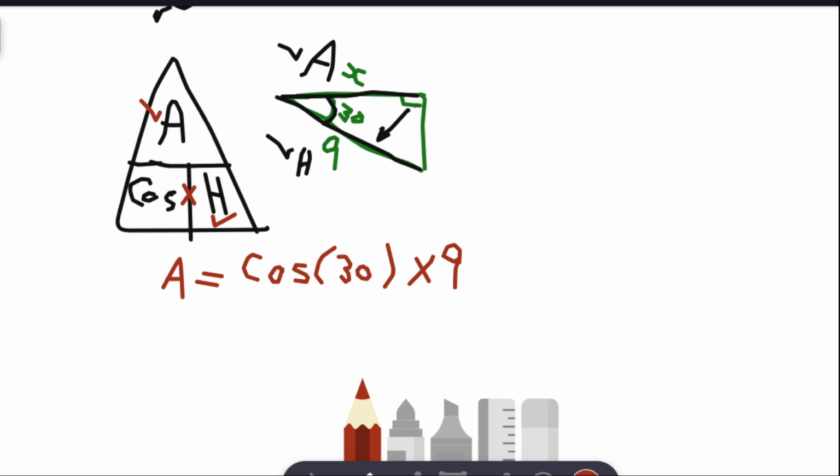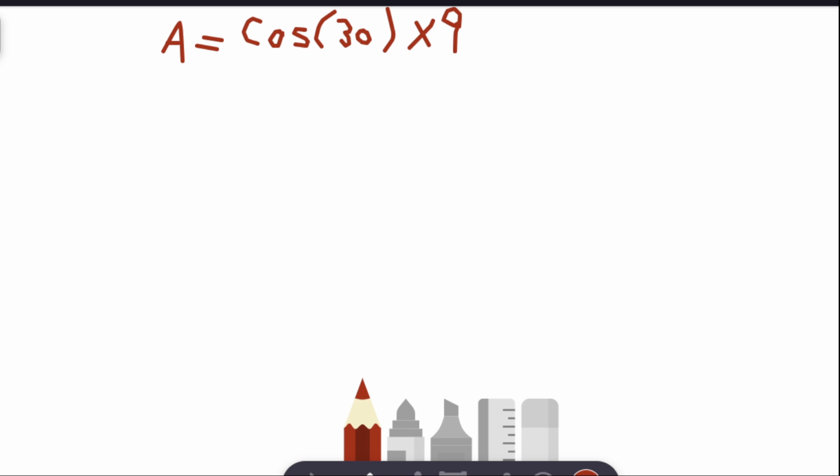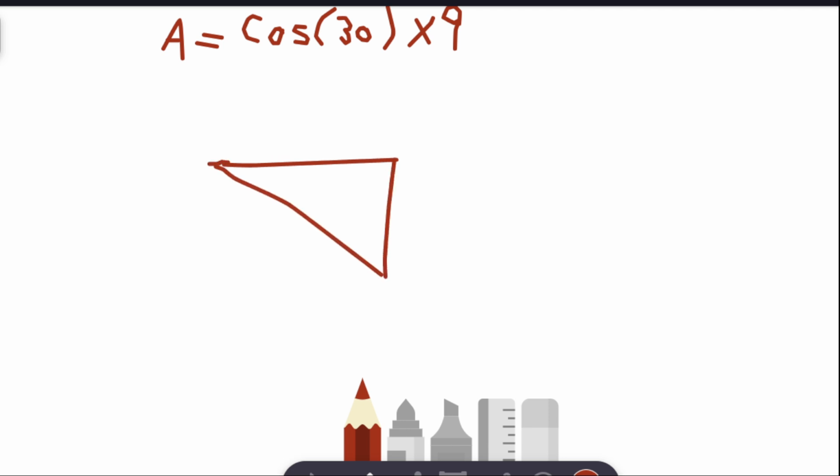Now, let's have another example. If you want to find the angle, or let's say this is 13 and this is 60 and this is right angle, and you want, nope, let me just fix it. I want it to be a little bit different.